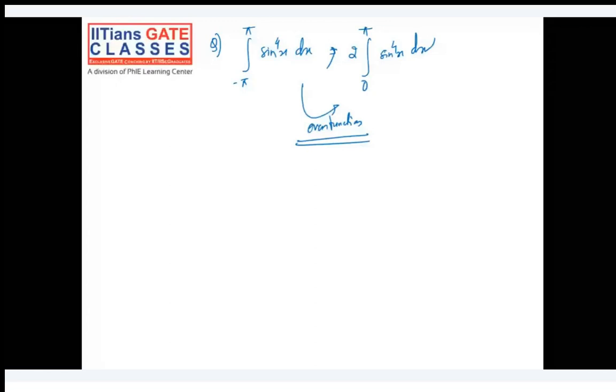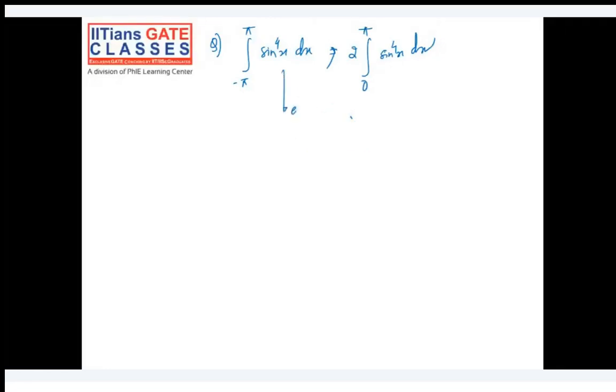So in the first case, we have checked odd or even. So it is an even function. In this case, you will apply the formula integration 0 to 2a f of x dx equal to 2 times integration 0 to a f of x dx, or 0, depending on f of 2a minus x.